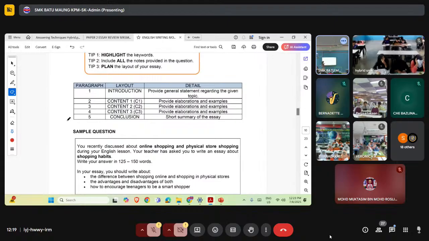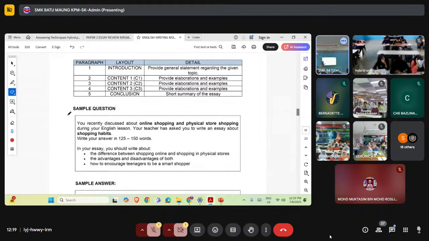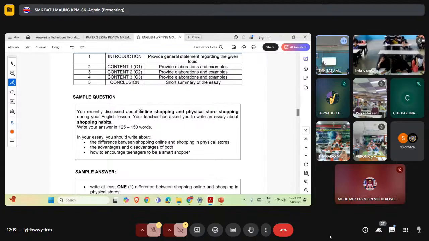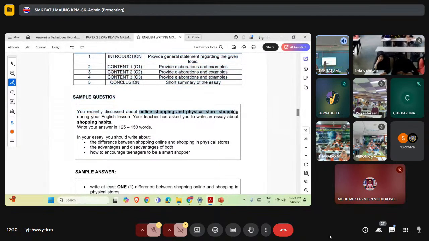Okay, so this is the question. What is it about? Online shopping and physical store shopping. Can you see that I highlight the words, I make them bold? So the keywords here are online shopping and physical store shopping. The first question is about the difference between shopping online and shopping in physical stores.